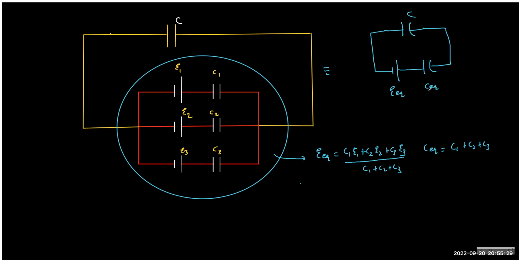And now this is easy to solve because again we can use the voltage divider rule, right? So what is the potential across this? The opposite value, right? So this V we can write as C equivalent by C plus C equivalent into E equivalent. Imagine we have solved a very challenging problem in one line, and therefore the charge on the C is C into V. That's it. We are done.